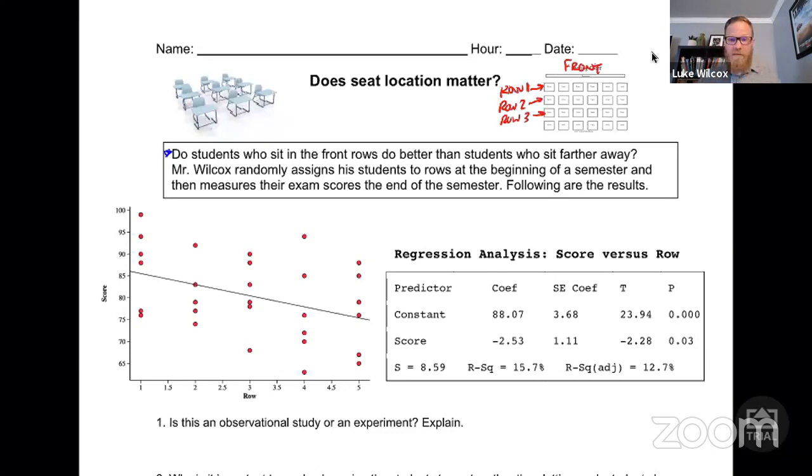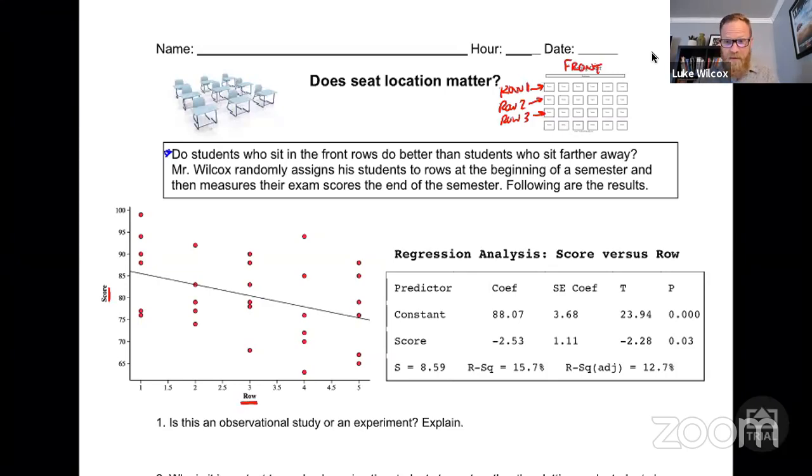Now, I only had 5 rows in my particular classroom, so you're going to see in the data, when you look down here at the x-axis, that that is just the rows there, okay? So let's take a look at the data. Now, the scatter plot here, you can see that we are graphing row on the x-axis. That's our explanatory variable. And the exam score at the end of the semester, that is our response variable.